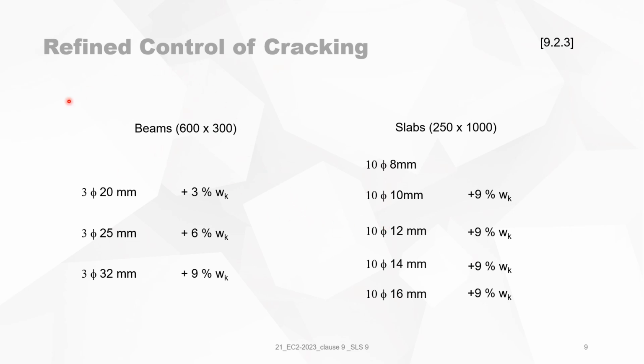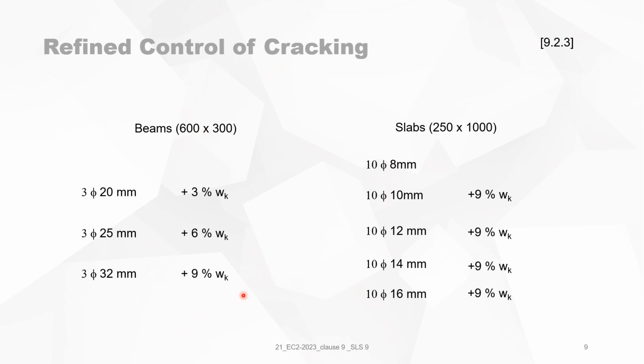We can have a summary for beams 600 times 300 and for slabs 250 times 100, a summary of the examples calculated, of course. We cannot say this is generally valid, but most likely it will be. You will see that for beams, with different reinforcement ratios and diameters of rebars, we will have an increase.